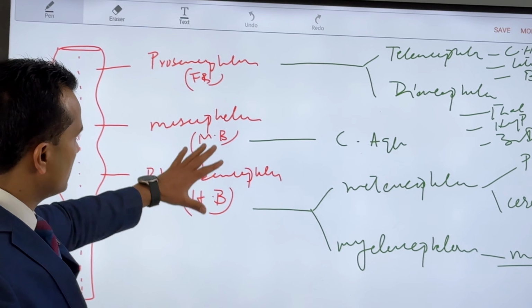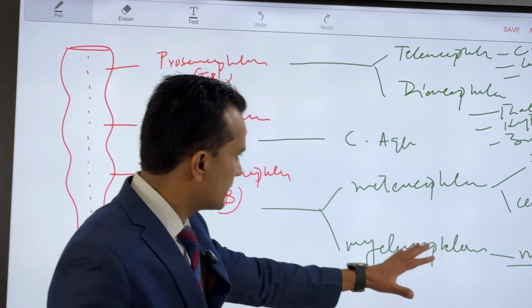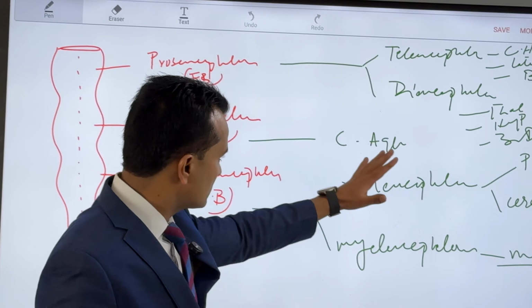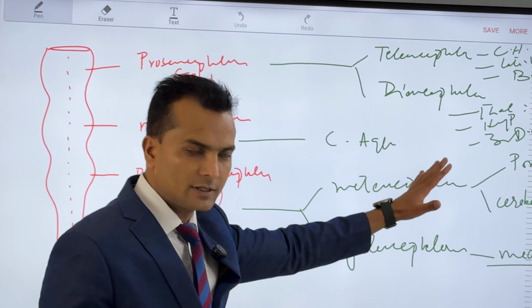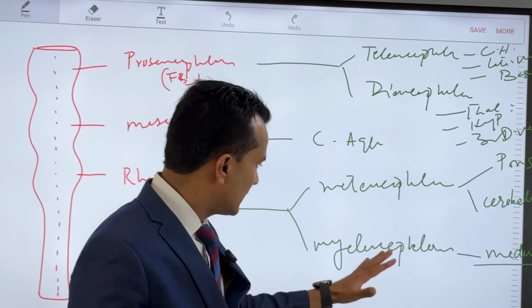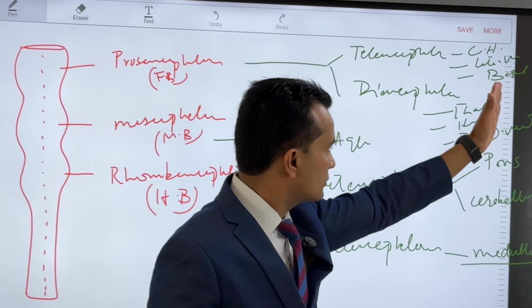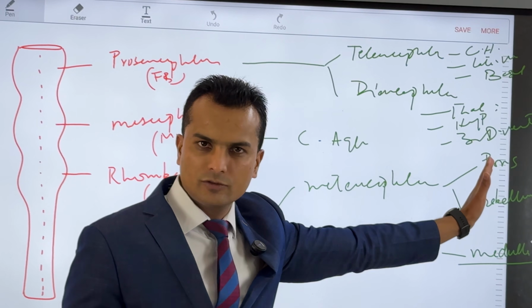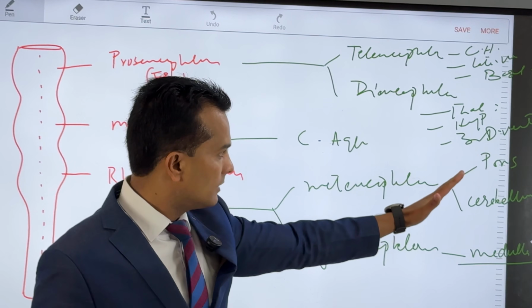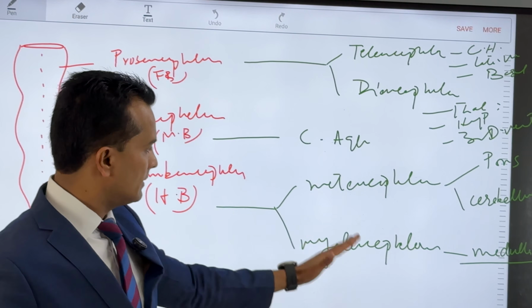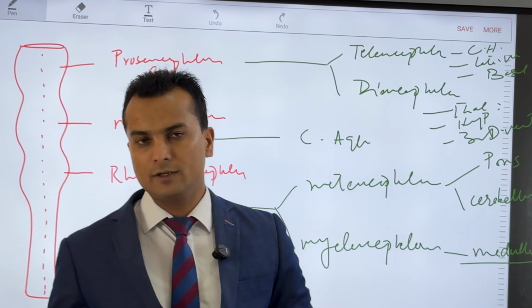These further subdivide into five secondary vesicles: telencephalon, diencephalon, then mesencephalon as midbrain with the aqueduct of Sylvius, then metencephalon, and then myelencephalon. In the diencephalon, thalamic and subthalamic nuclei and the third ventricle. In the metencephalon we have pons and cerebellum, and in the myelencephalon we have medulla.